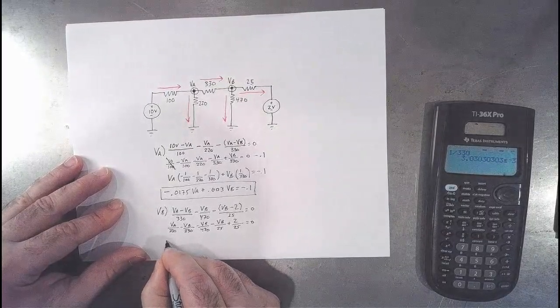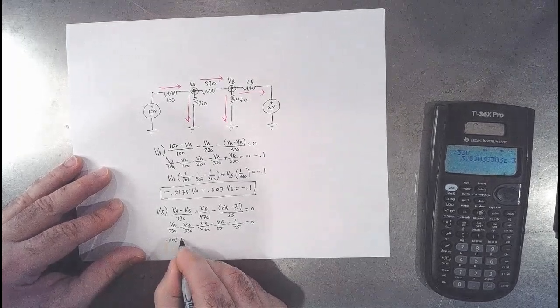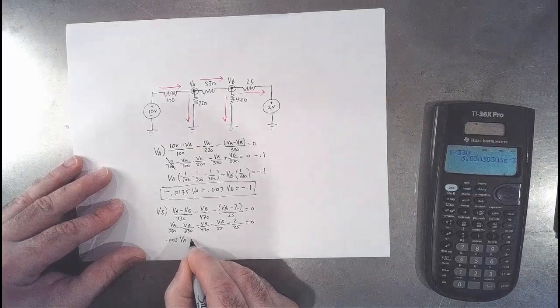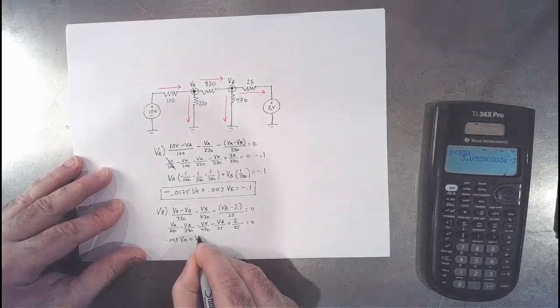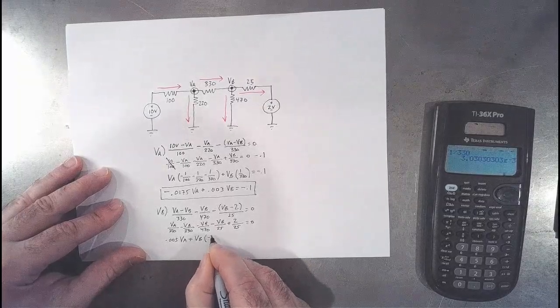So it looks like we've got 0.003, that's 1 over 330, VA, and then plus VB, and I'm going to have to figure these out.